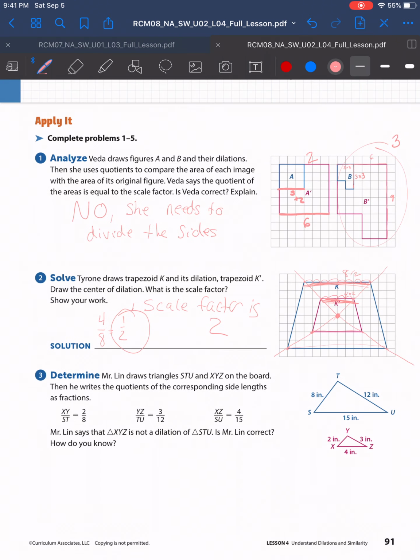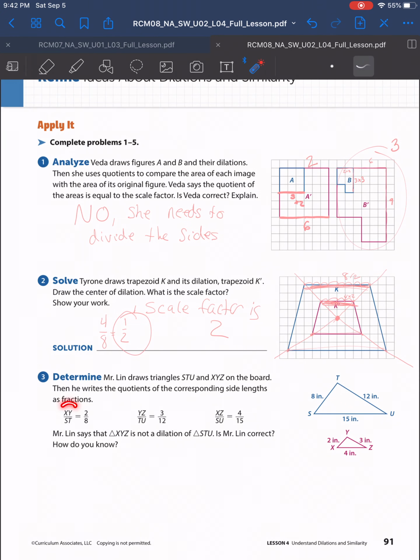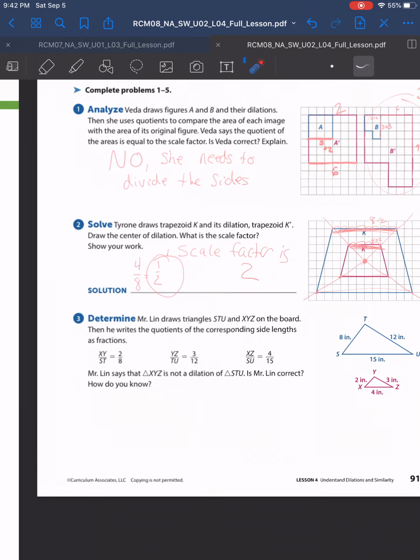Number 3, Mr. Lin draws triangle STU and XYZ on the board. Then he writes these quotients on the corresponding side lengths as fractions. He says XY over ST, so that should be 2 over 8, okay?